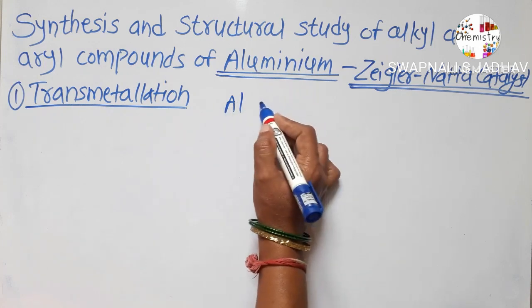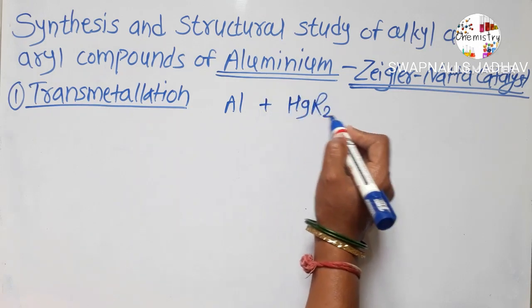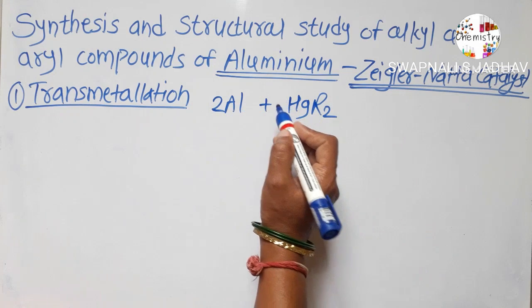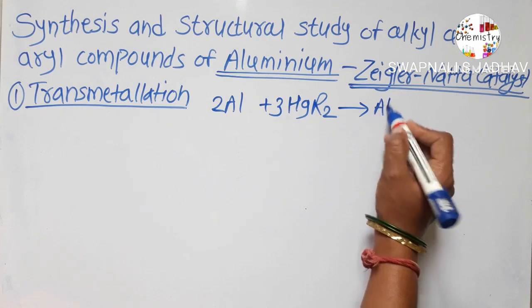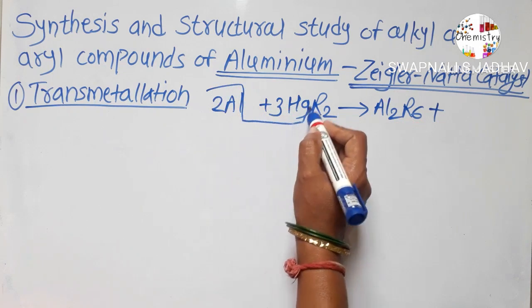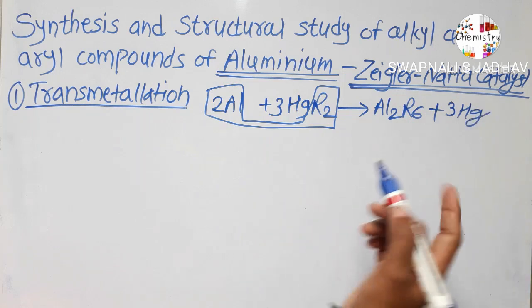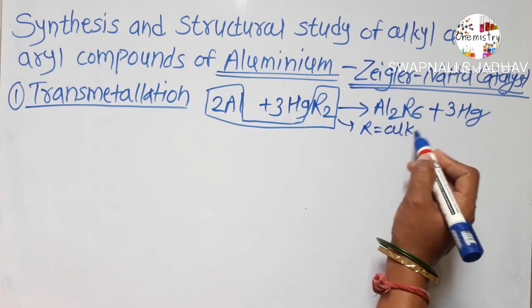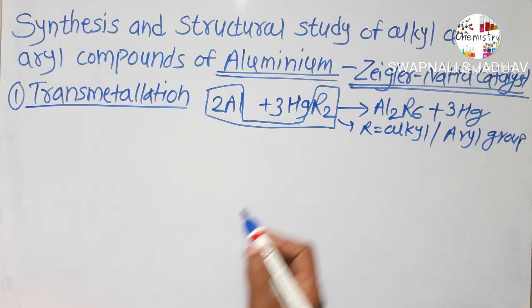In the general reaction, 2 Al reacted with 3 HgR2 forms Al2R6 with removal of mercury, where R is an alkyl or aryl group.